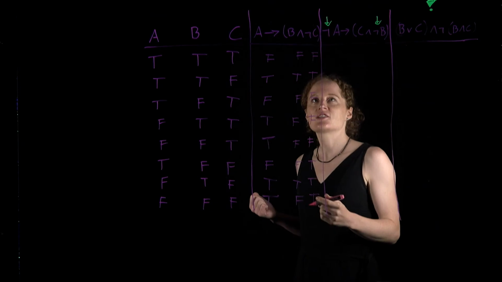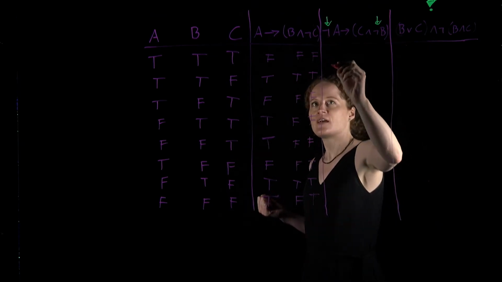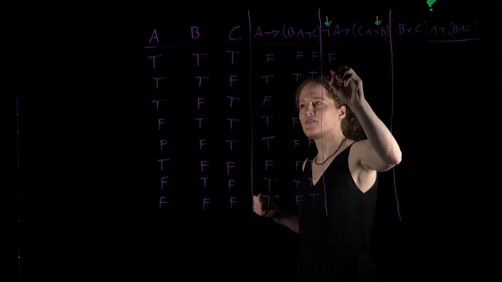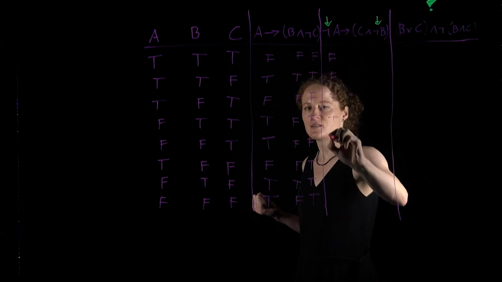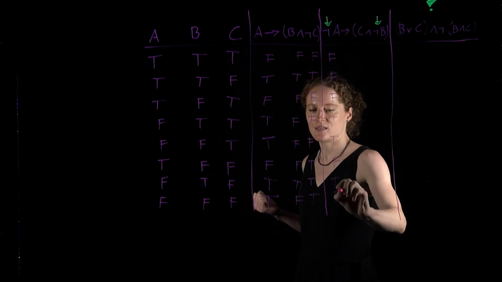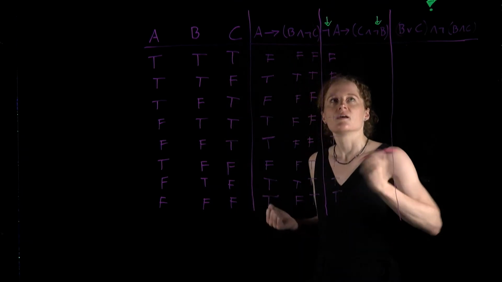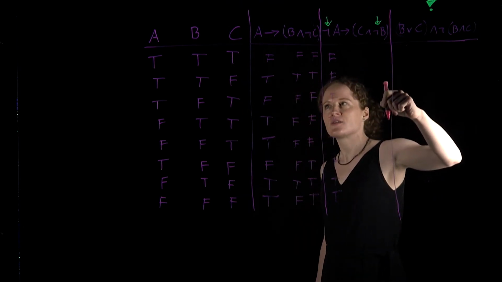They are both negation signs, so the first negation sign flips the truth value of A. I'm going to start here. So this is F, F, F, T, T, F, T, and T. And then the second negation sign flips the truth value of B.